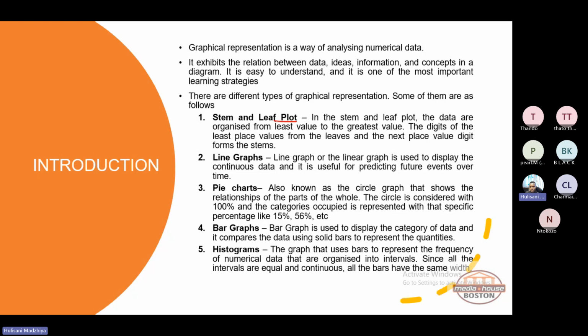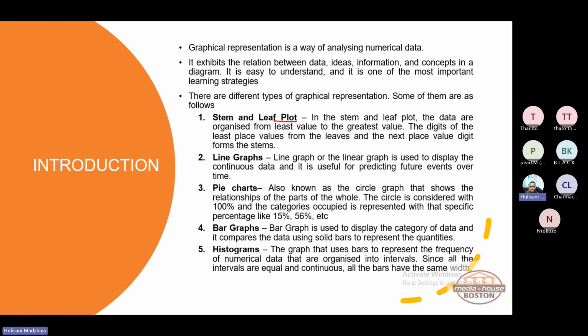What we actually do with the stem and leaf plot is separate or group data based on smaller categories, and we identify how many digits are within those categories. We still maintain the same format of the number, so if it is 23, it will still have the same representation within the graphical illustration.